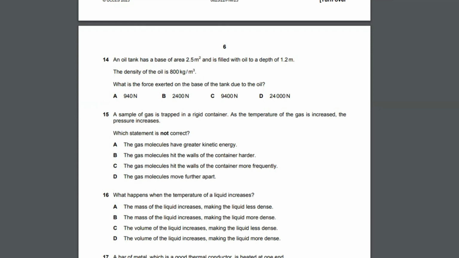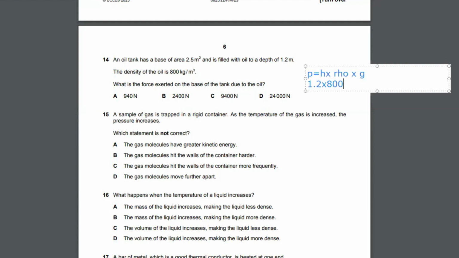So we have been given a liquid. So the formula for pressure for liquid is P is equal to h, which is height, times rho, which is the density, and we will multiply that by the acceleration due to gravity, which is g. So depth is 1.2 into rho is 800 into g, which has to be taken as 9.8.